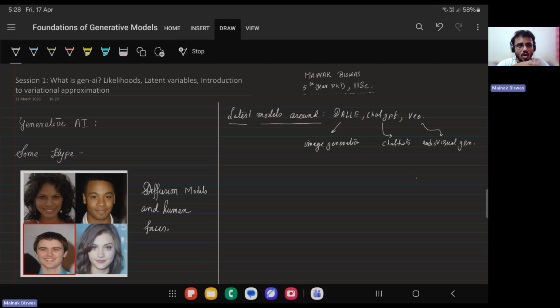I'll be talking about the form the course will take. This course would have around 12 to 14 sessions, depending on how much we can cover. We are going to cover a wide range of topics, including variational inference.